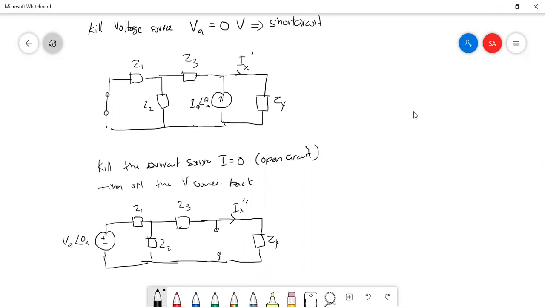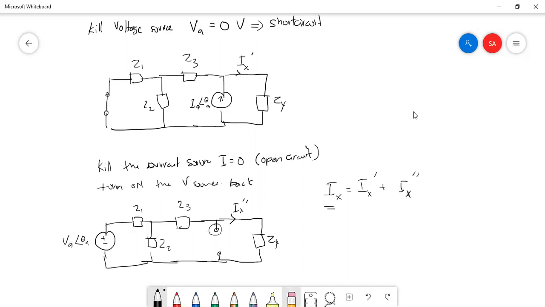Okay, after you have obtained this, meaning that your total Ix is actually the summation of Ix prime, which is the Ix due to the current source, plus the Ix double prime, which is due to the voltage source. So this is actually Ix. And I would like to mention again that when you open circuit the current source here, it means that there will be no current that flows inside this node.